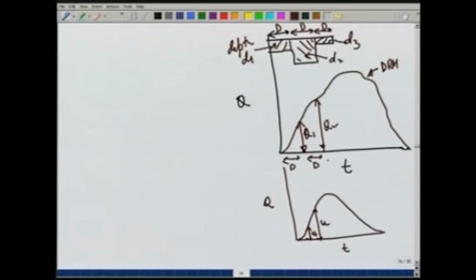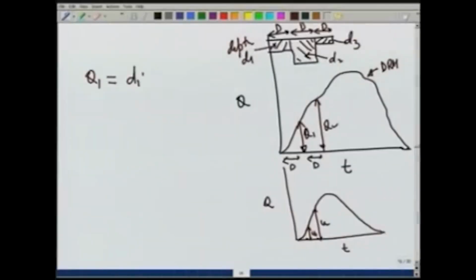So, using the principle of superposition, we can write equations like q1, since the depth of rainfall for the first storm is small d1, we can write the ordinate of DRH after time d as d1 u1, because the second storm has not yet started.